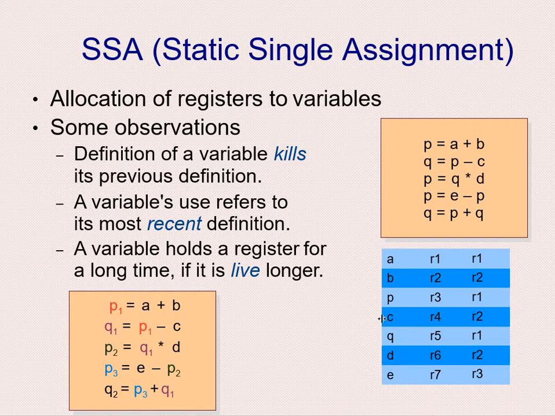Okay, so now after that, in place of r4, here we are going to take the r2 register for c, here for q r1, and in this manner for d we are taking r2, and for e we are taking r3. So we can say within 3 registers r1, r2, r3 we can assign the variables. So here the minimum number of registers we have to assign to the variables: in place of 7 registers, we can assign 3 registers to all the variables of this example.